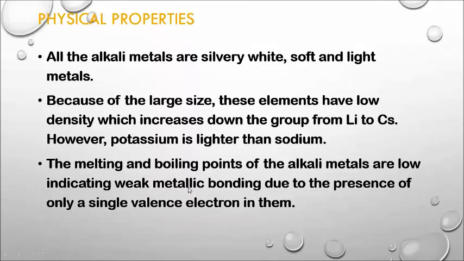The melting and boiling points of alkali metals are low, and it is due to the metallic bonding, which is due to the presence of the single outermost electron. The s orbital has only one electron, which indicates weak metallic bonding in them, and because of that the melting and boiling points are very low in alkali metals.